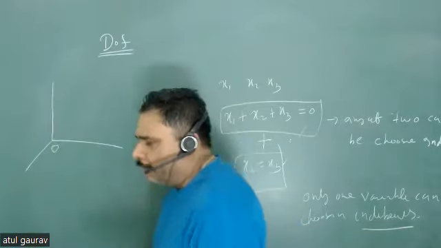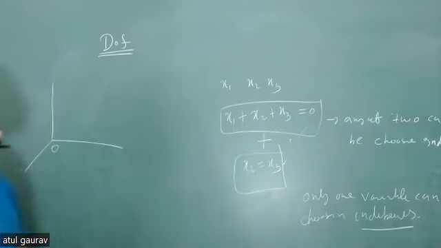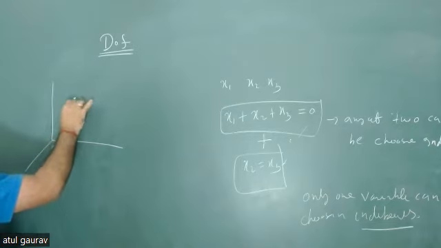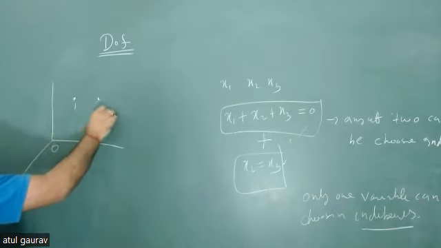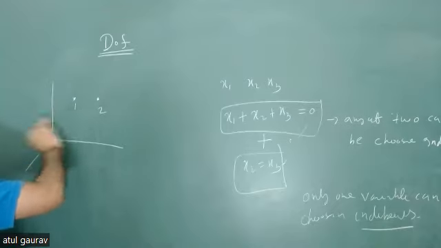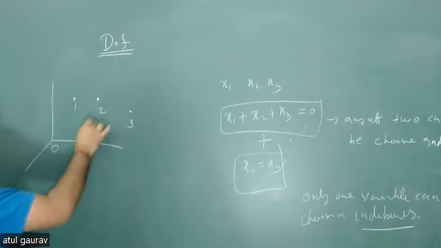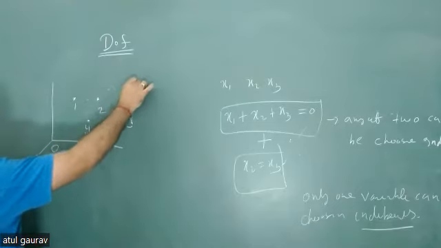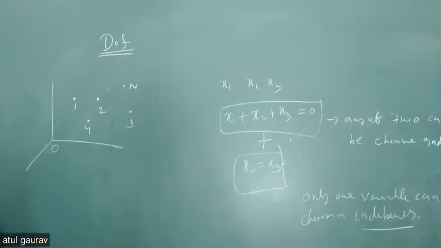This is my first particle, this is my second particle, this is my third particle, this is my fourth particle, and similarly I have n number of particles. If all the particles are free, then how many variables can you choose in the three-dimensional configuration space?